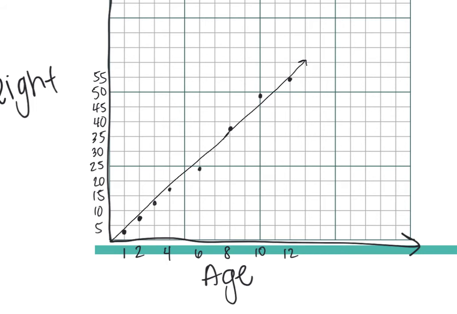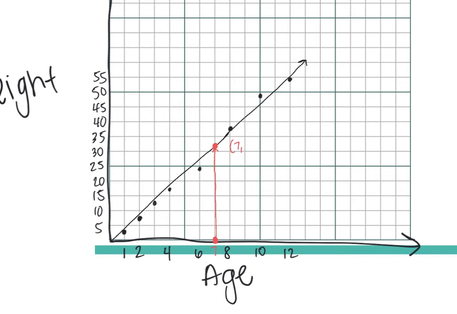So what we're gonna do is put a 7 here, and we're gonna go from 7 up to our graph. What should be the weight at 7 months? Well, what two numbers is it between on the y-axis? 30 and 35.